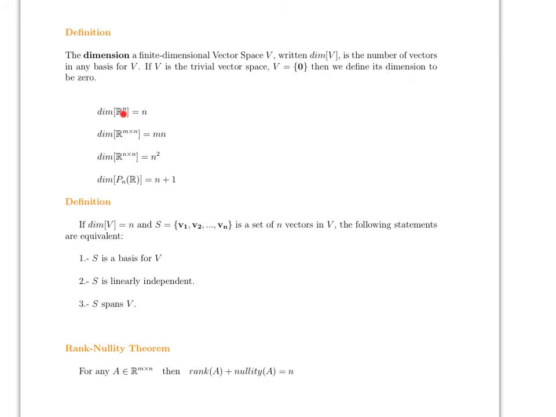Now, these are the most popular vector spaces that we looked at so far. So this is an n-dimensional vector. This is a matrix that is n by n. These are square matrices. This is a set of polynomials, and so forth.